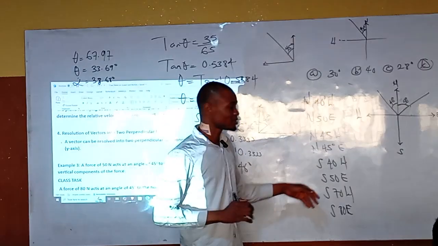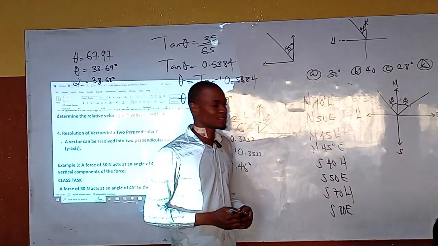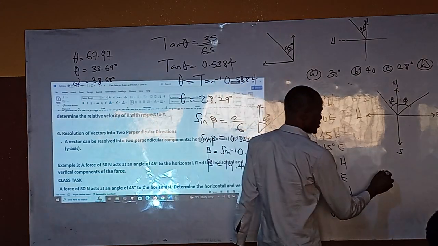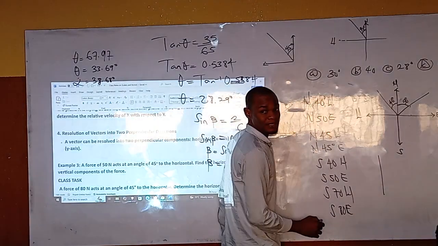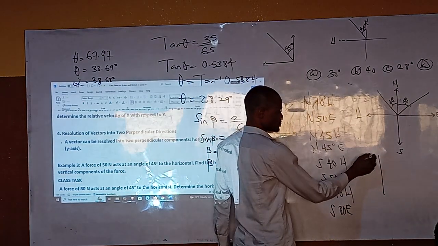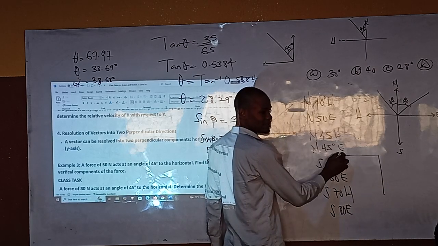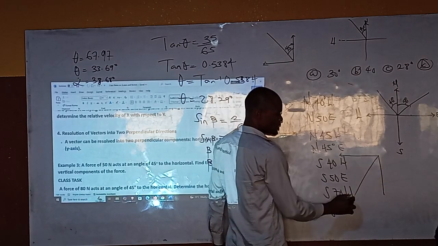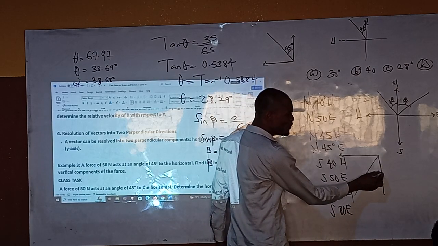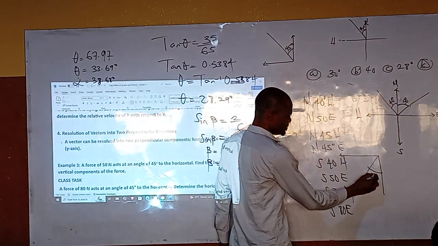If you are given something like south 40 degrees west, you draw a line going down. Where is west? This place, right? You measure the angle from the vertical line.